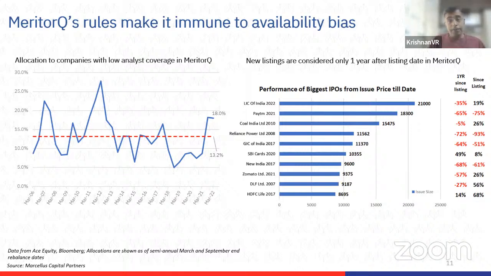So again, what that tells you is that investing in IPOs, or investing in companies immediately after they list, is not, I would say, a good investing decision as such, if you look at past experience, what's worked in the past and what has not.